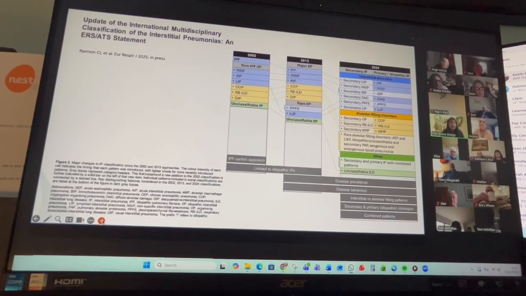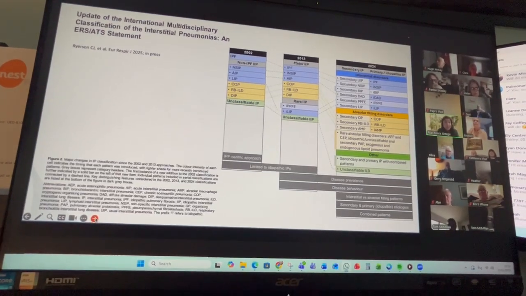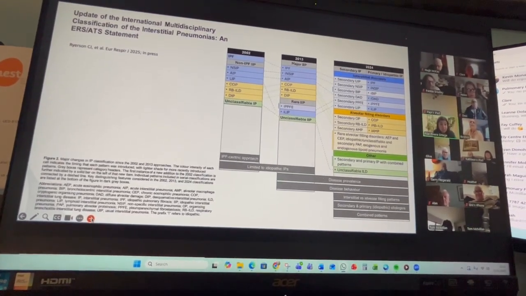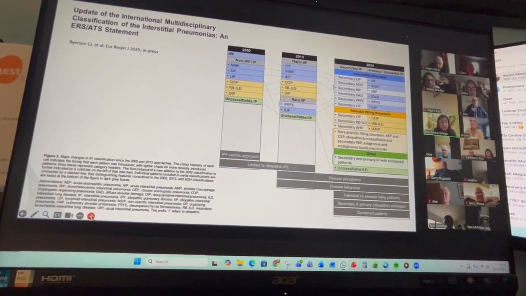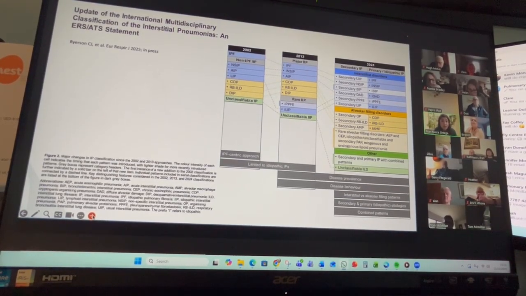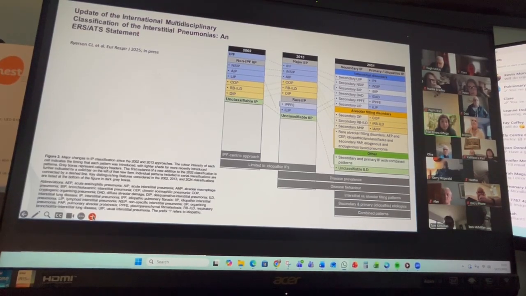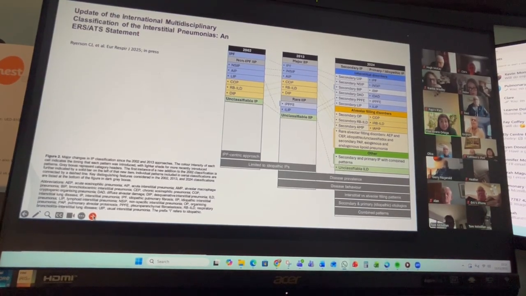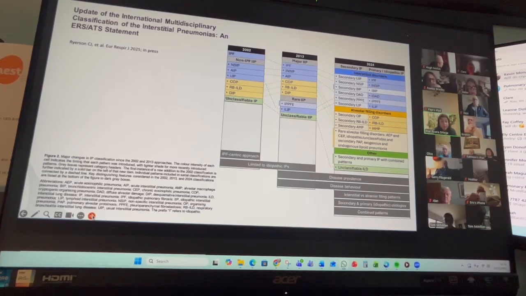And many of you maybe are aware that in September this year, just a couple of months ago, we have a new classification of interstitial lung diseases, particularly interstitial pneumonias, that is in use globally.